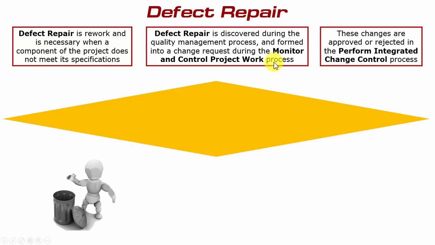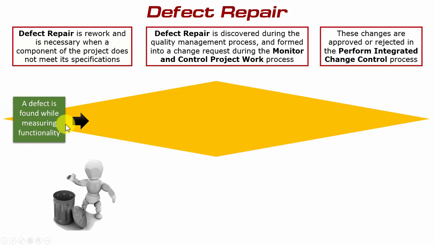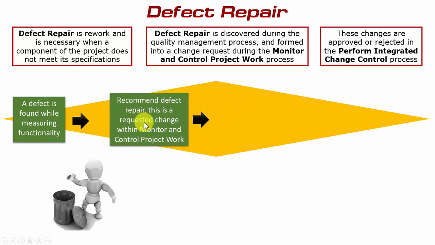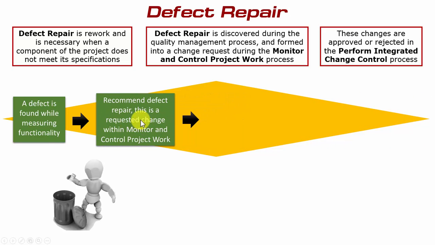Let's see what those steps look like. Step 1. Let's suppose that a defect is found while measuring functionality. This could happen while monitoring and controlling the project work or via the process control quality. So the next step. This is a recommended defect repair and is a requested change coming from the monitor and control project work process.